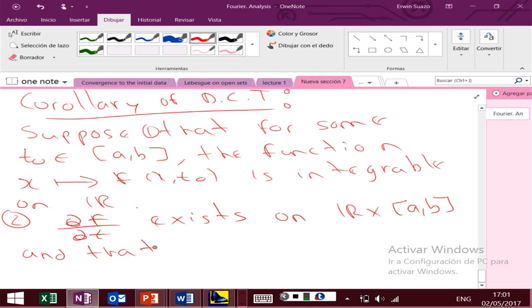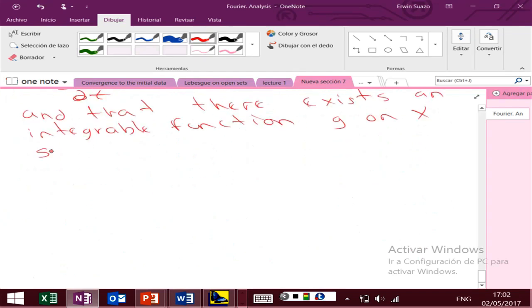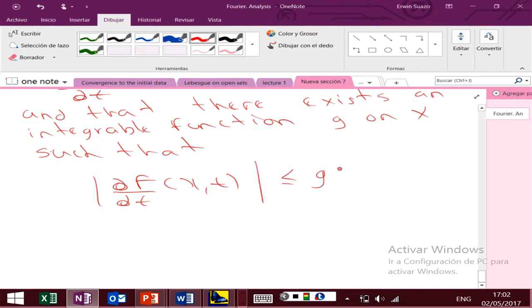And that there exists an integrable function g on X such that the derivative of f with respect to time at (x, t) is less than or equal to g of x.